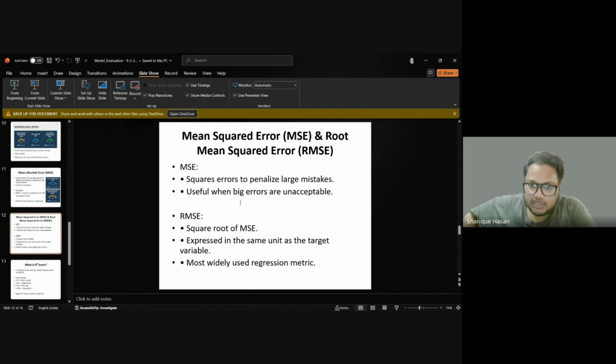Out of these three, RMSE is the most widely used. But why is it widely used? Because it gives a more accurate error. If you want to calculate the error properly, it will give the most accurate result.